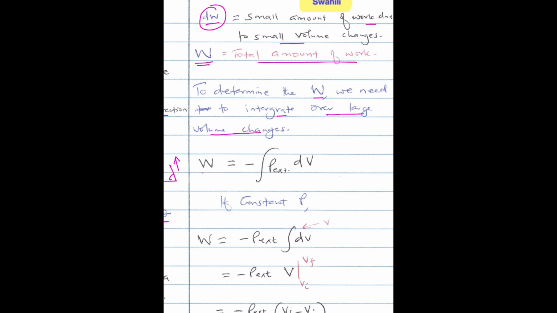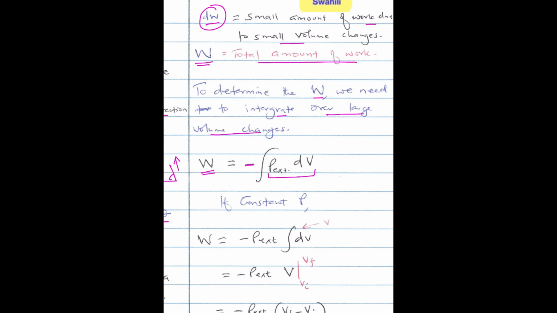So in other words, the total amount of work equals, remember, minus P external times change in volume is the infinitesimal amount of work. So you integrate over the distance. So you put a minus sign outside the integration, and then you just integrate pressure external times change in volume.